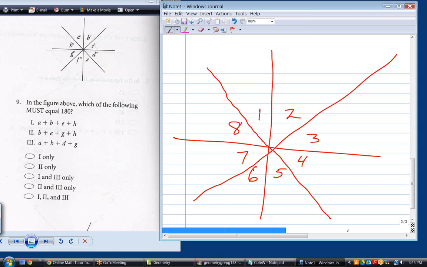Which angles are equal? Which angle is equal to 1? Aren't they all equal angles? No, hold on. Let me draw this just a little bit better.